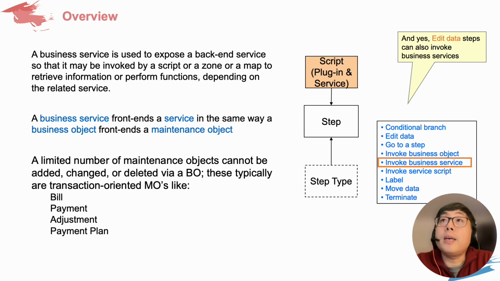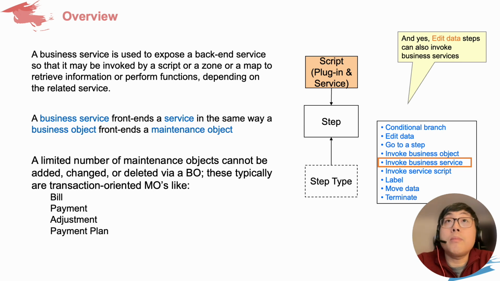But obviously, you can call the business service using added data as long as you include that in the data area. So this is where the business service can be triggered.